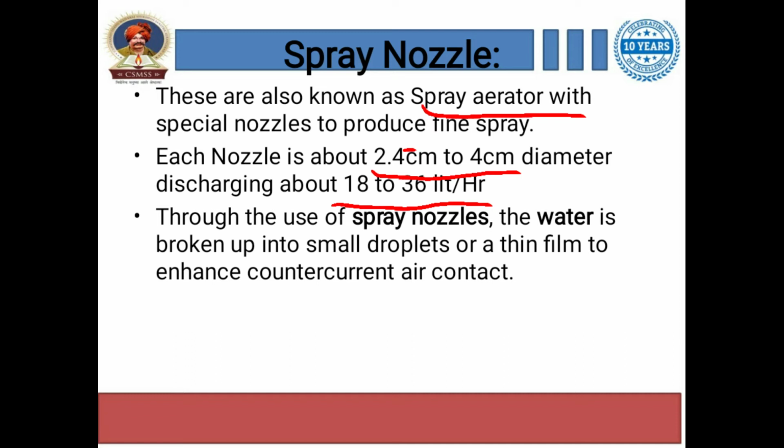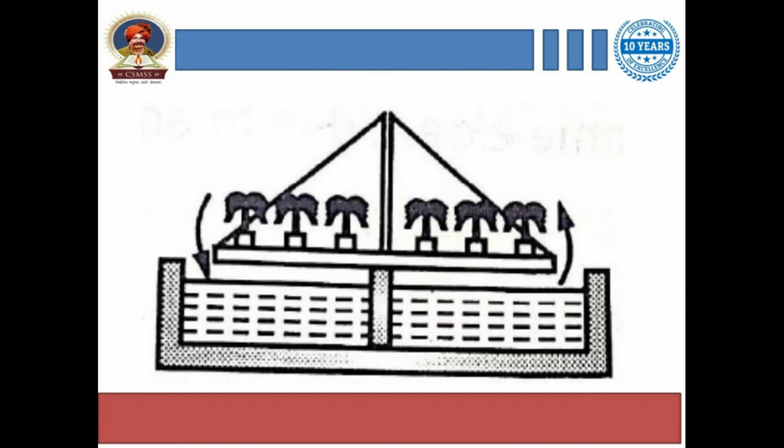Through the use of spray nozzles, water is broken up into small droplets or a thin film to enhance the counter current air contact. So the water gets broken down into small droplets, and then these droplets come in contact with air and the aeration is done. We can see the diagram here.